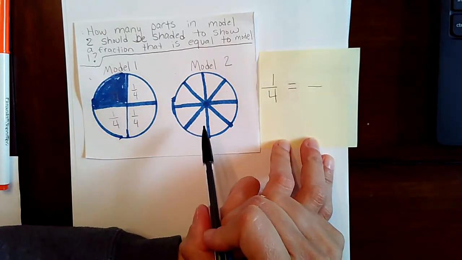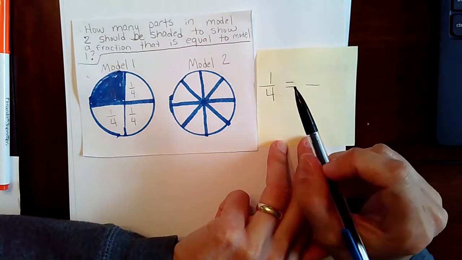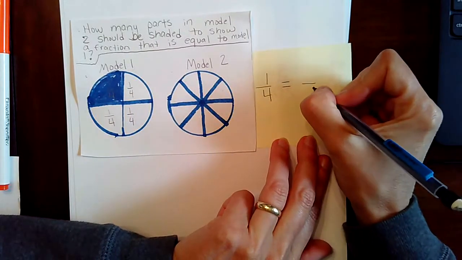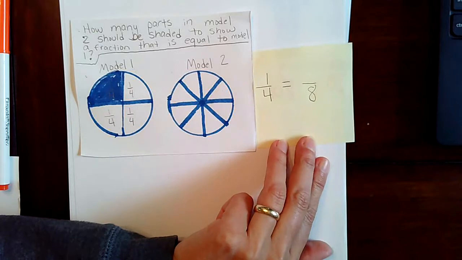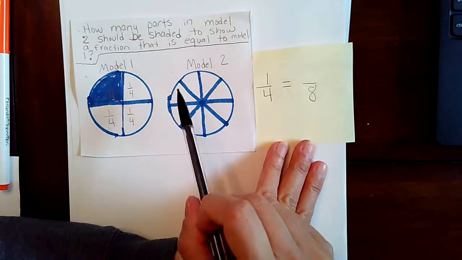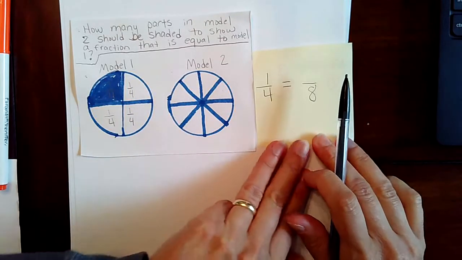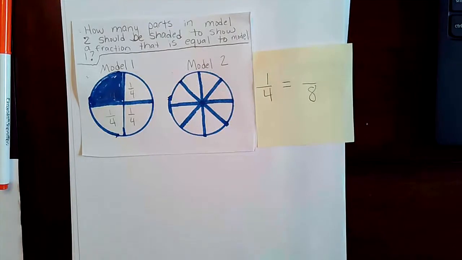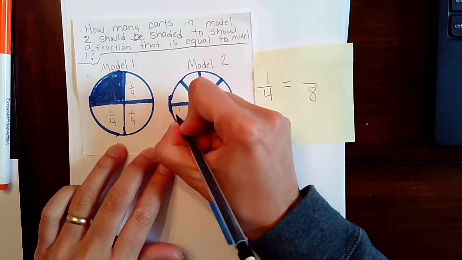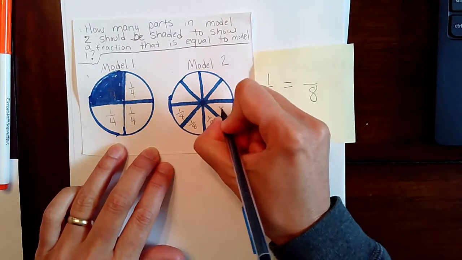Go ahead and do that. How many pieces are in Model 2? What's the denominator? I hope you said 8. 8 is the denominator because there are 8 pieces. So how many 8ths is equal to 1/4? Go ahead and write down your numerator and let's see if you are correct while I label unit fractions.